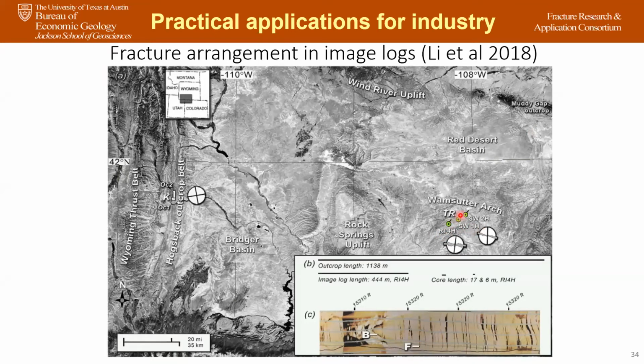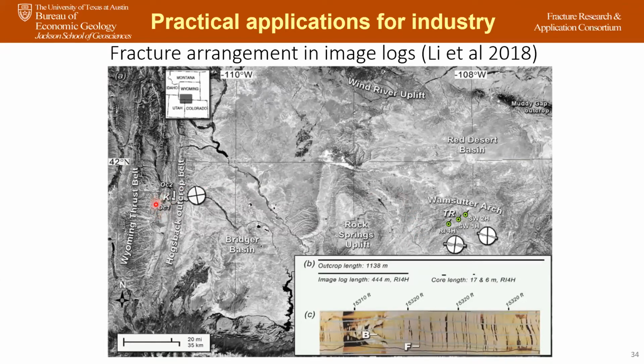These are horizontal wells, and you can see here from the rose diagrams that they have very predominant fracture sets striking east-west, northeast, east-west. And they also analyzed two outcrops of the Frontier Formation. These are all drilled in the Frontier Formation, which is a Cretaceous sandstone in the state of Wyoming.